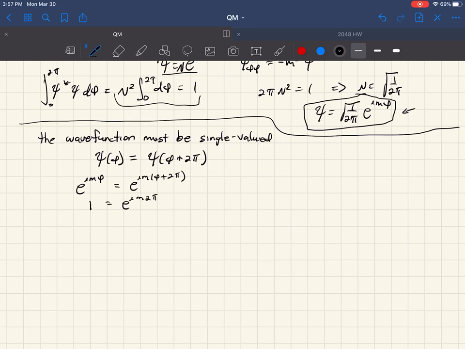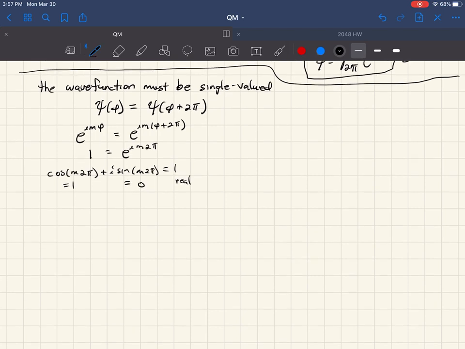Now we can use Euler's identity: cosine of m 2 pi plus i sine of m 2 pi, and that should be equal to 1. Now this is real on the right hand side, so that must mean that the cosine part is equal to 1 and the sine part is equal to 0.